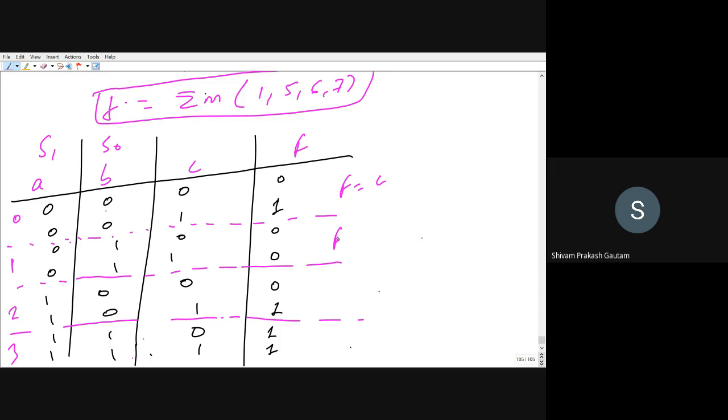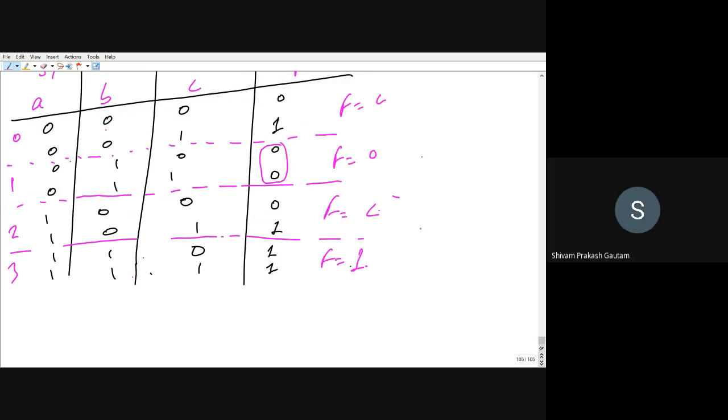In the second case the function will be equal to 0; you can see it remains 0, 0 and is independent of c, so we can write 0. For the third case the function will be c, and for the last case the function will be 1. So we have got the values.